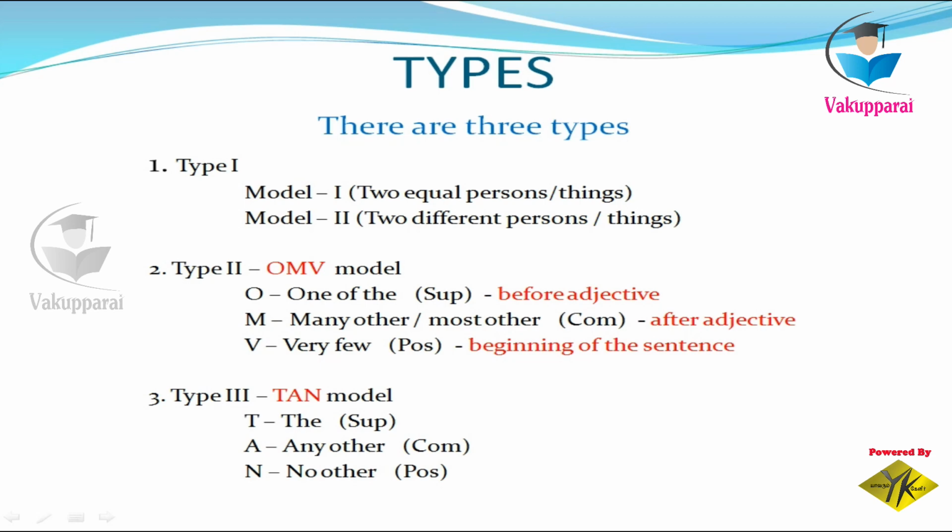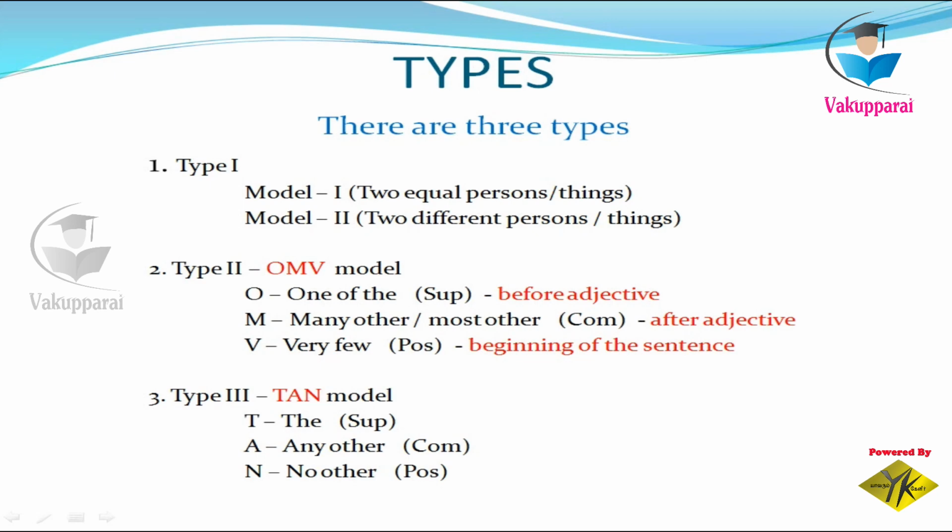First, we see type 1. There are two models in this type, model 1 and model 2. In this type, only two degrees are used, the positive degree and the comparative degree. There is no superlative degree in this type. If the given sentence is in the positive degree, you can change it into the comparative degree alone.